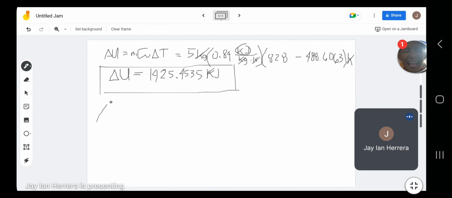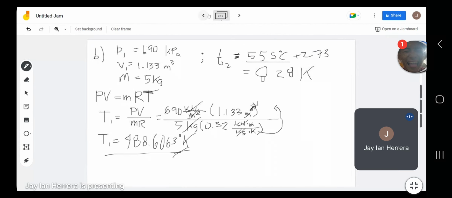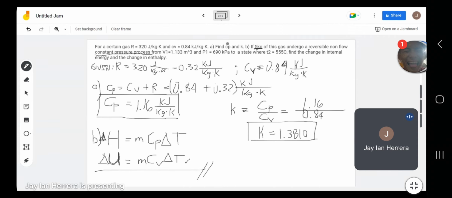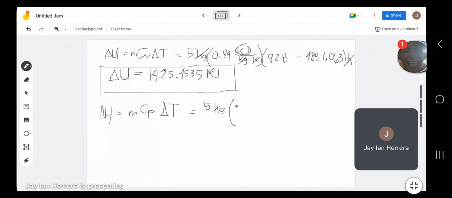And lastly, change in enthalpy, that is MCP delta T. We have 5 kilograms multiplied by CP, nakuha natin CP plus R, 1.16 kilojoule per kilogram Kelvin. So, 828 minus 488.6063 Kelvin.